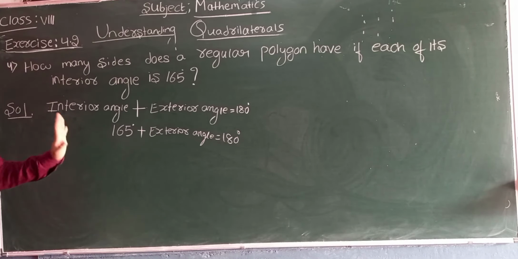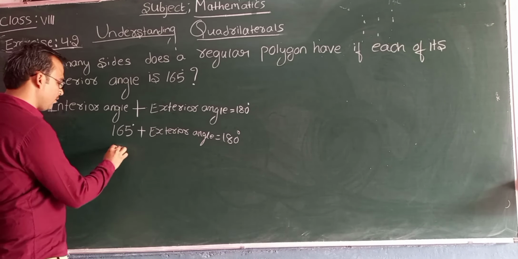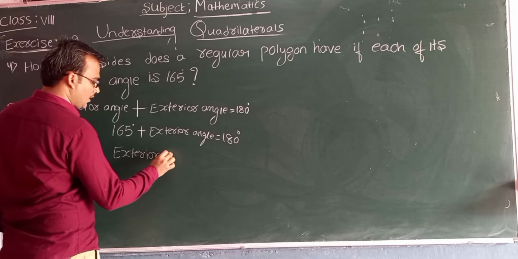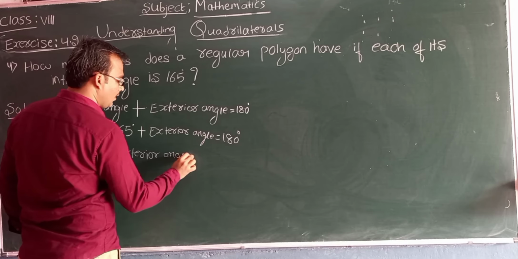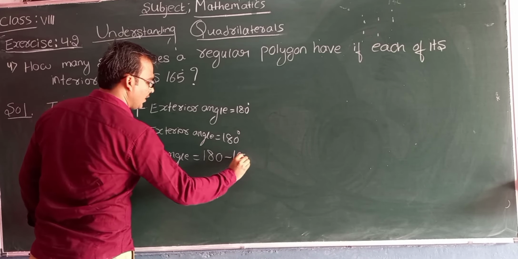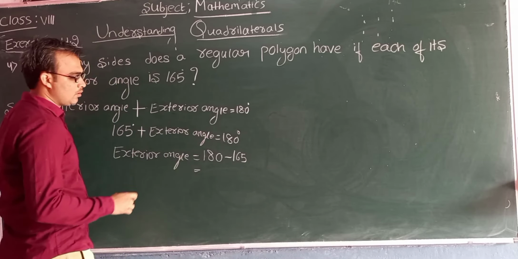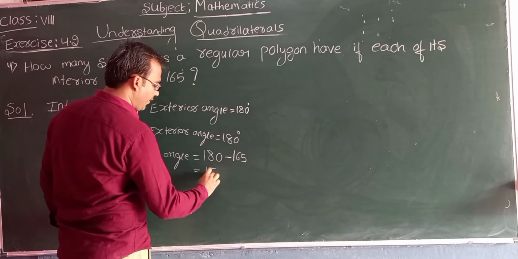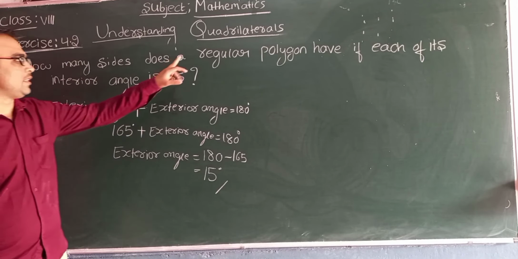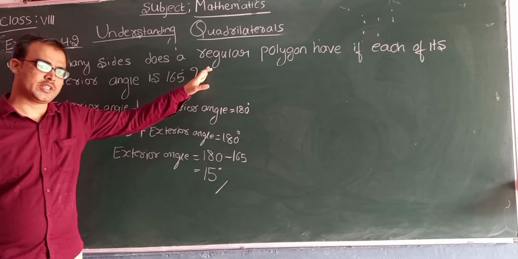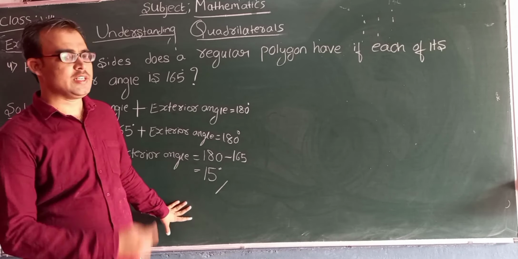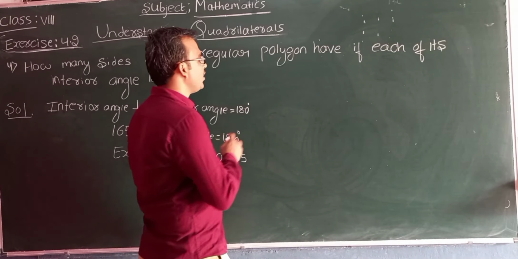Now transpose this towards the right side. So here exterior angle equals 180 minus 165. So here what are we getting? 15 degrees. Students, it means that this regular polygon will have an exterior angle of 15 degrees. Now we can easily calculate the number of sides the polygon has.